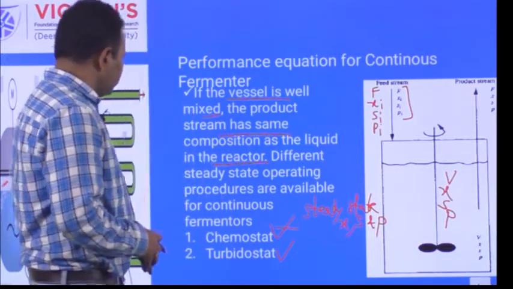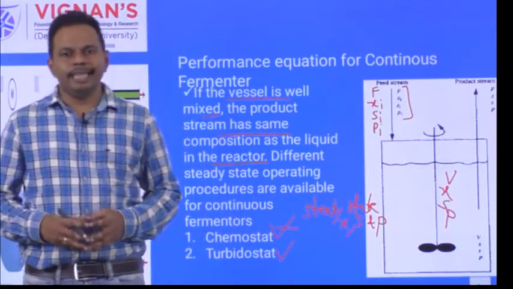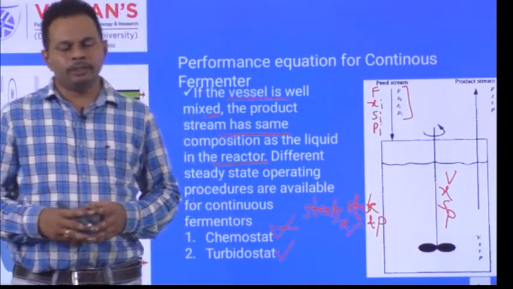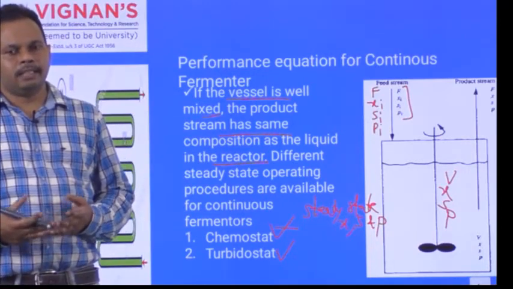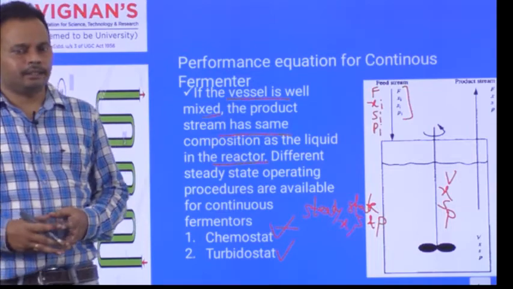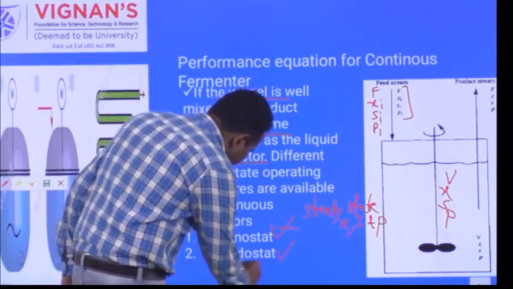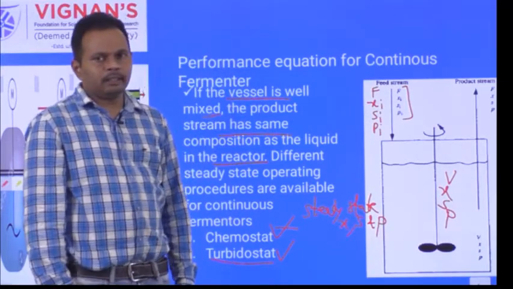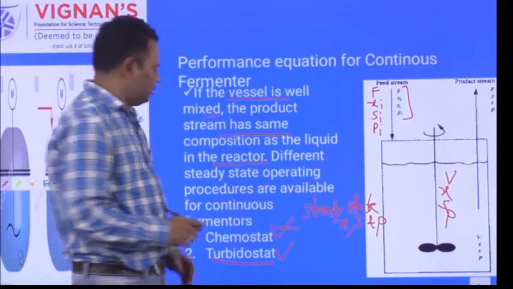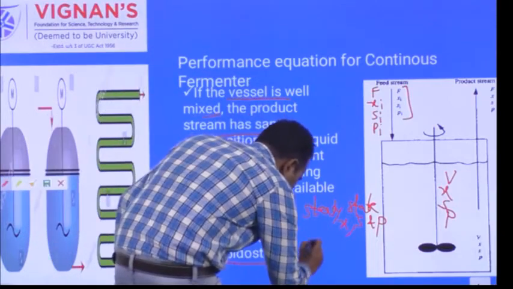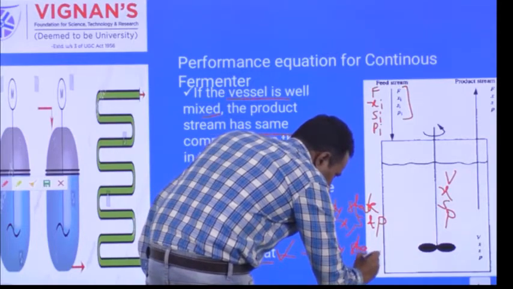What is the chemostat definition? By adjusting the inlet and outlet volumetric flow rates or dilution rates, we maintain the steady state values of the cell concentration, substrate concentration, and product concentration. And what is the turbidostat? In the turbidostat also, by adjusting the inlet and outlet dilution rates, we maintain the steady state value of the biomass only. Here we maintain only the steady state X value, which is the biomass concentration.